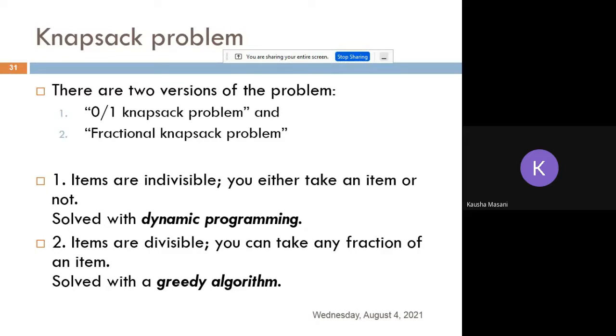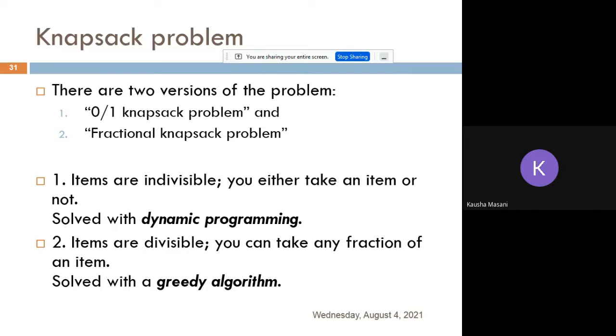We are going to discuss the 0-1 knapsack here because that is solved using dynamic programming. The fractional knapsack problem we are solving using the greedy approach.